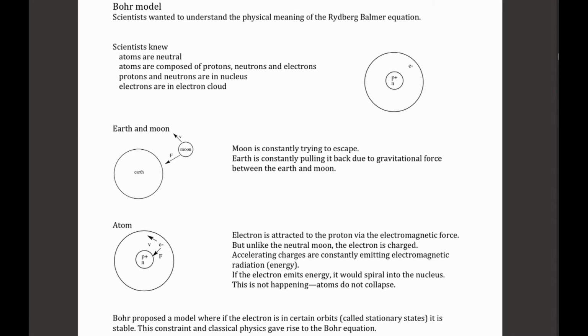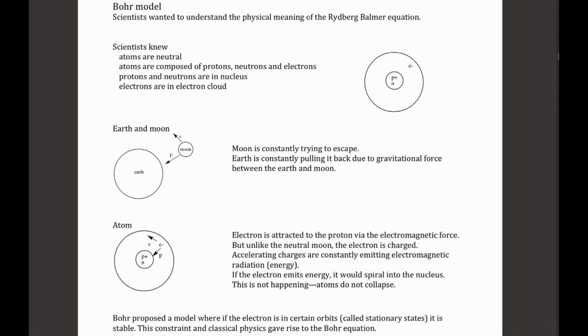But that isn't happening. So this scientist named Niels Bohr proposed a model where if the electron is in certain orbits, certain places around the nucleus called stationary states, it is stable.